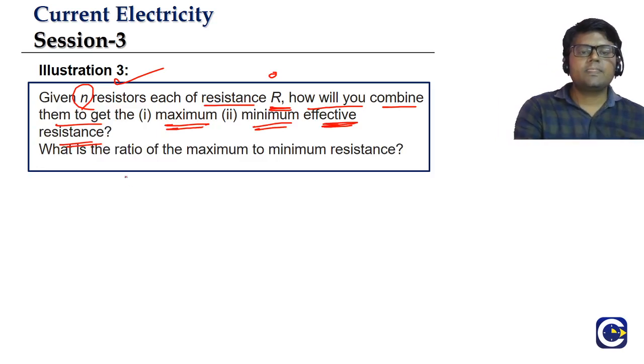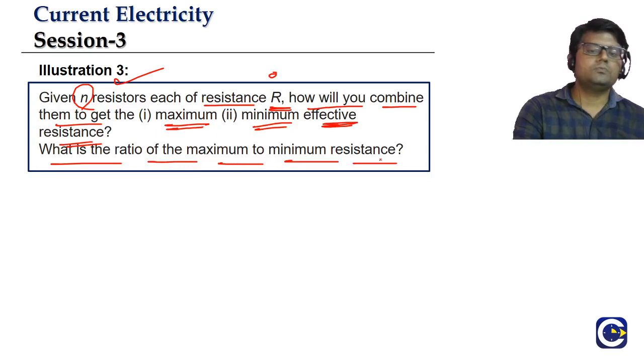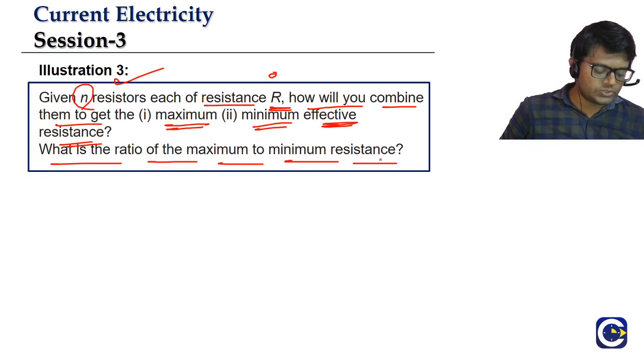That's one question. Second thing they are asking is, what is the ratio of the maximum resistance to minimum resistance value?